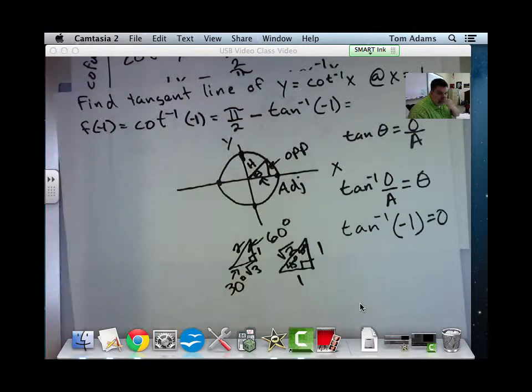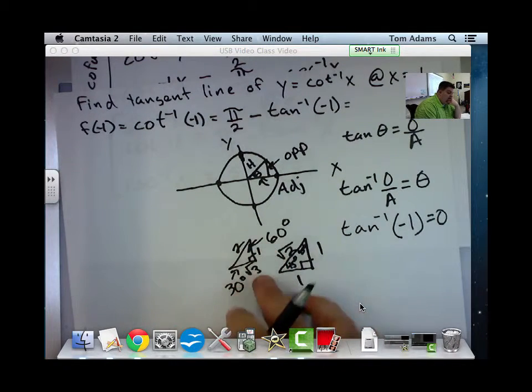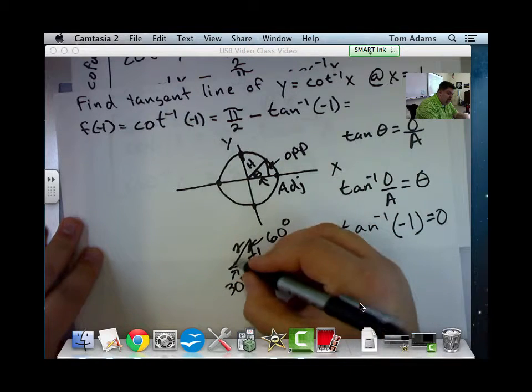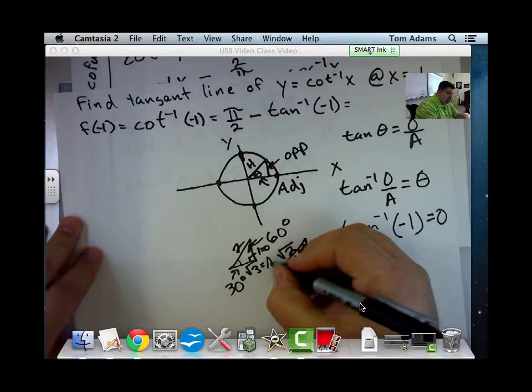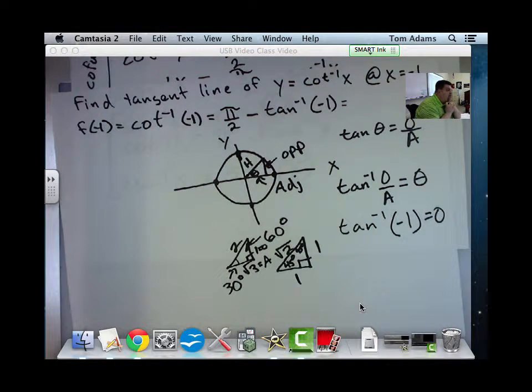Okay? So now how do I get a right angle triangle? Well, what angle do you think we're working with, where the opposite over the adjacent is equal to -1, if you had to choose which is which? 30. Well, I've got 1, 2, I've got 1, so this is the opposite, right? If this is my angle theta, then this is the opposite, and this is the adjacent. There's no way I can make that equal -1.